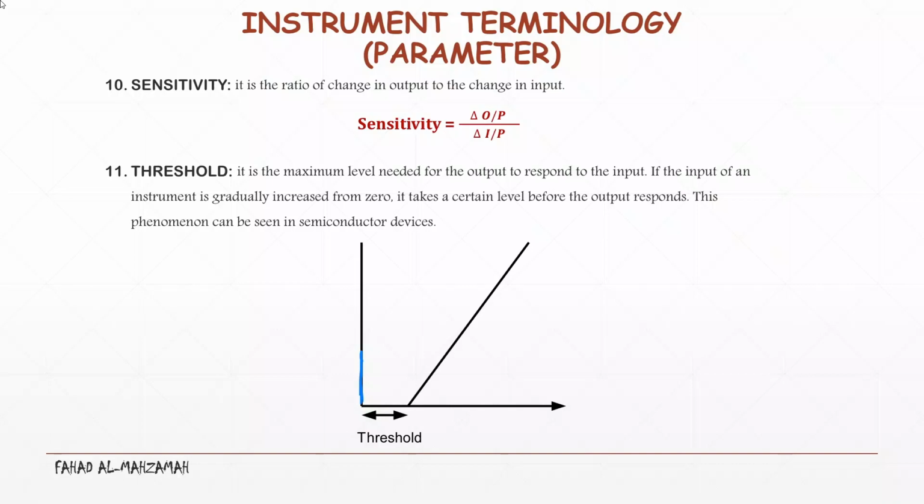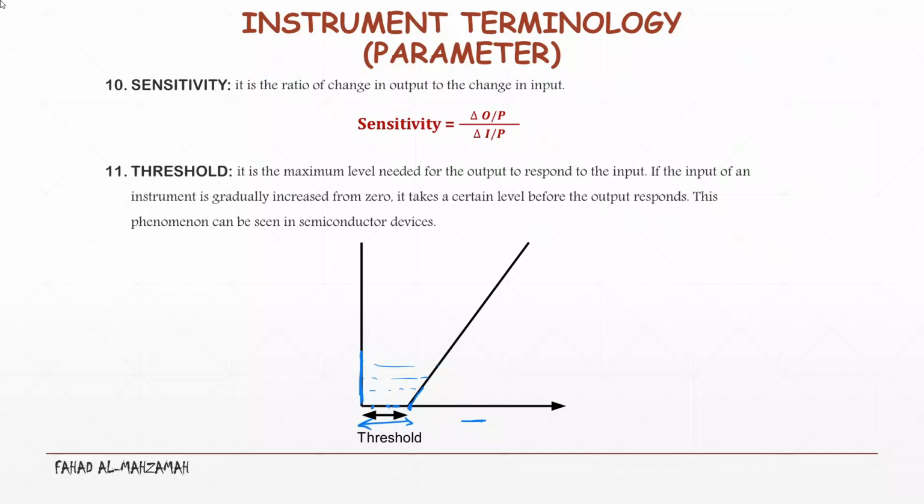For example, this is the input. The input has this value, the output didn't respond, so it still didn't reach the value. Reach this one, the output doesn't respond, so it's still 0. If it reaches this one, the output will start responding.